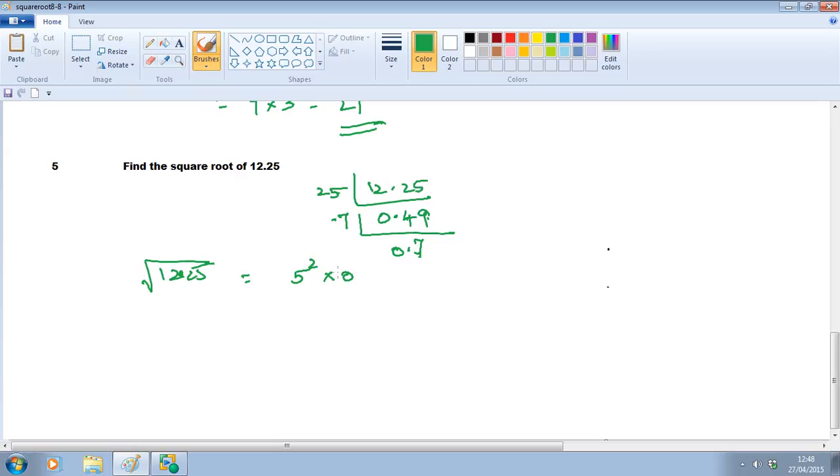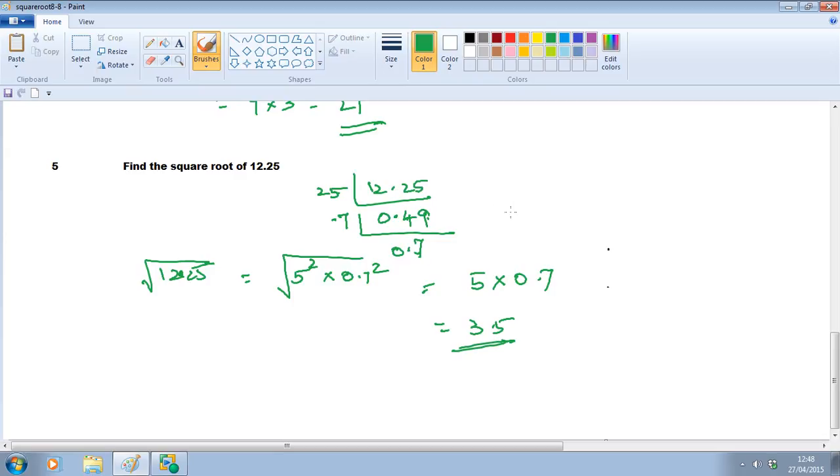Or you can write it as root of 5 square multiplied by 0.7 square. So the root and the square will get cancelled, equal to 5 multiplied by 0.7, which is equal to 3.5. 3.5 is the answer.